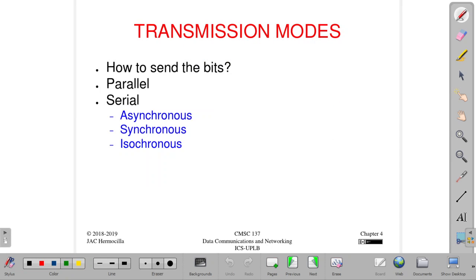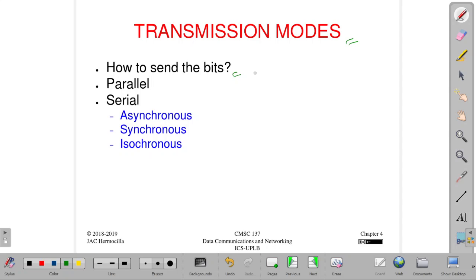Okay, so we now move on to the last section of this chapter, which is transmission modes. The idea of transmission modes is how do you send bits. The previous sections talked about the conversion from either digital or analog data to digital signals, and these digital signals represent bits.